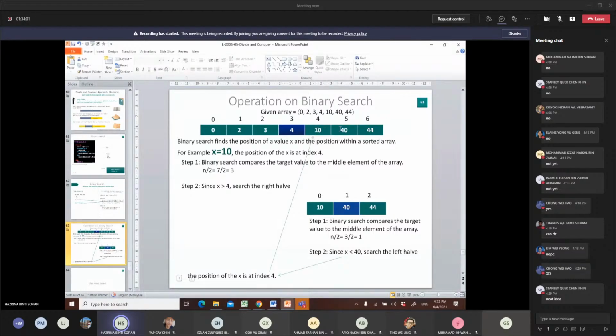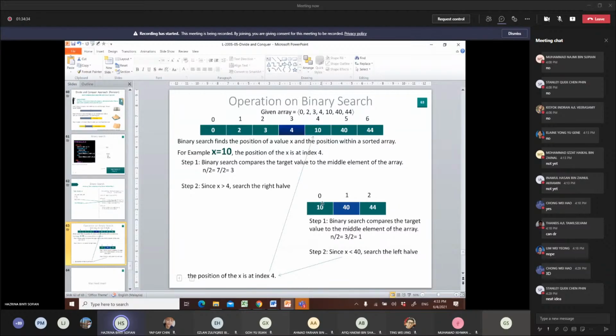Next, we have a smaller sub-problem: 10, 40 and 44. Again, we repeat. We take the middle value, which is 40, and at step 2, since 10 is smaller than 40, we search the left half.